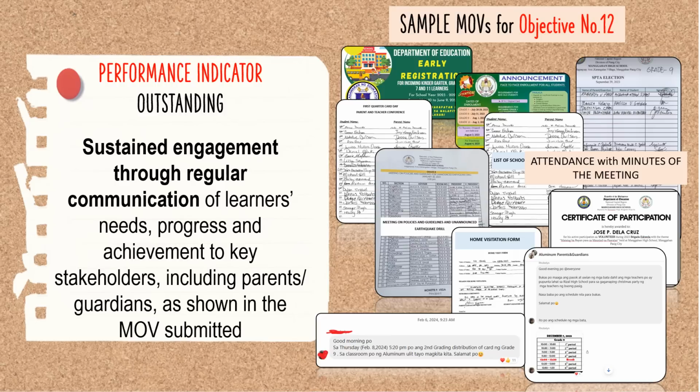Kapag sinabing sustained engagement, ibig sabihin continuous and prolonged involvement. So, ibig sabihin ongoing and consistent involvement and interaction between parents or guardians, learners, and other relevant individuals who have vested interest in the learner's development.